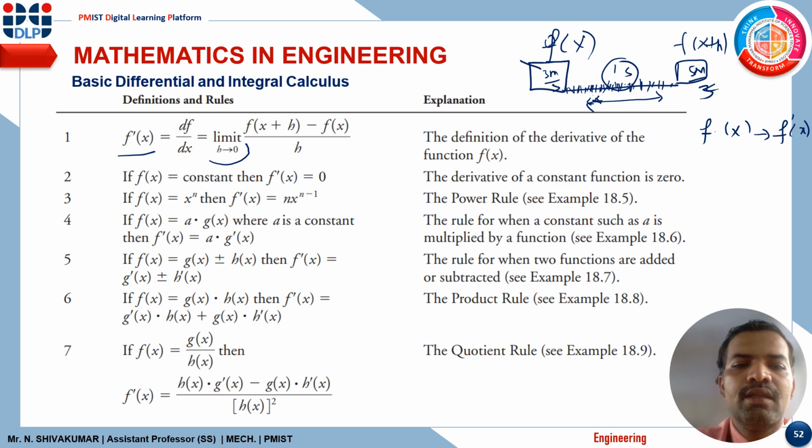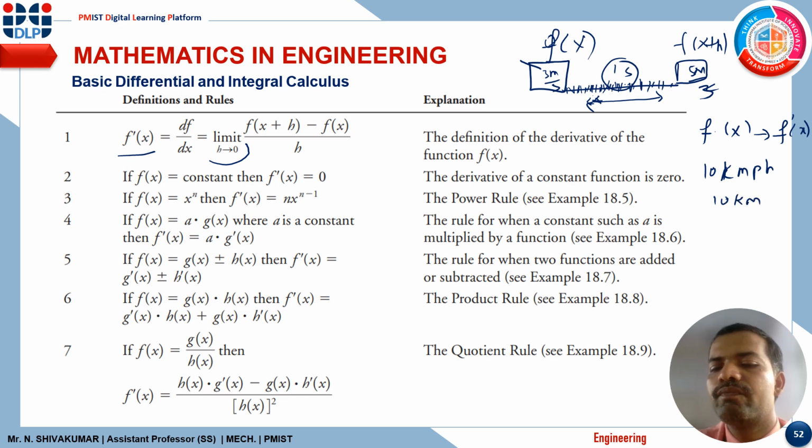Next, if f of x is constant, then f dash of x is 0. What does that mean? Say, for example, in that bus problem, the velocity is constant. At each hour the bus is going to travel a constant amount of distance. If velocity is kept as 10 kilometer per hour, in the first hour it travels 10 kilometers.